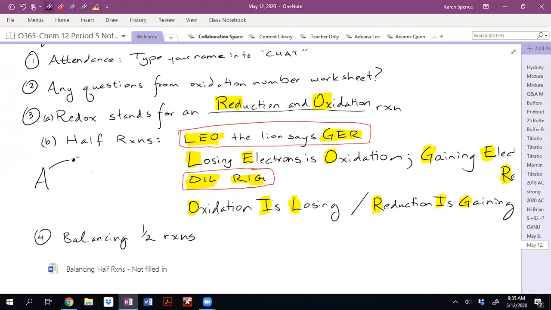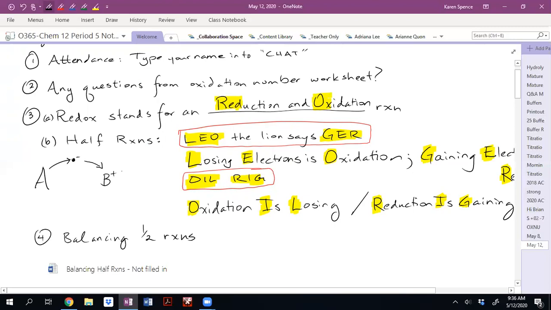But I can't do that, so we just have a boring little old A giving its electron. It can't just fling it out into space. It has to give it to somebody else. So maybe it gives it to a B that has a positive charge and needs an electron.